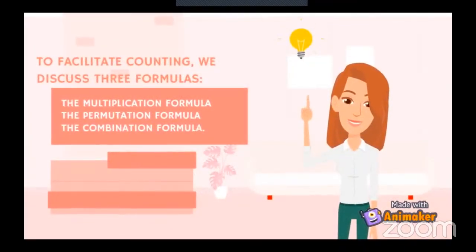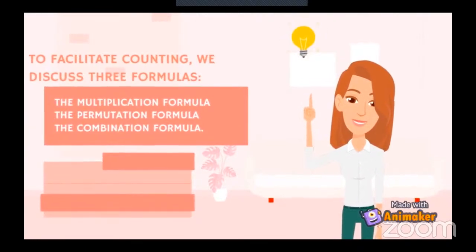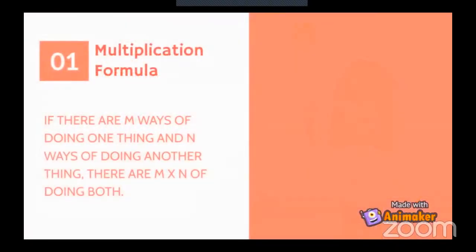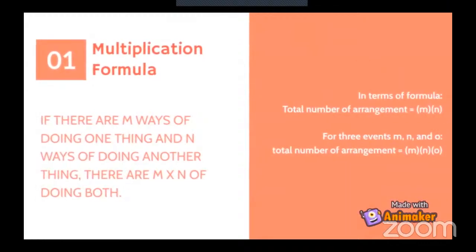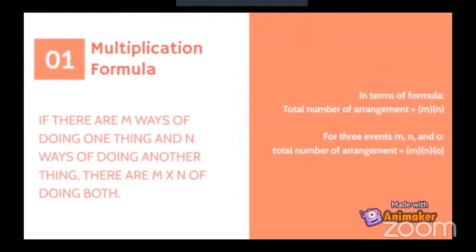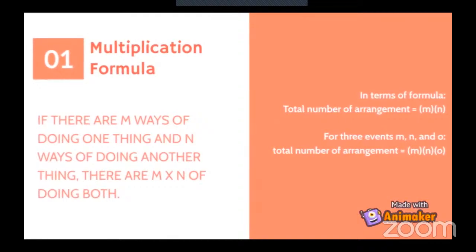To facilitate counting, we discussed 3 formulas: the multiplication formula, the permutation formula, and the combination formula. We begin with the multiplication formula. There are m ways of doing one thing and n ways of doing another thing. There are m times n ways of doing both.